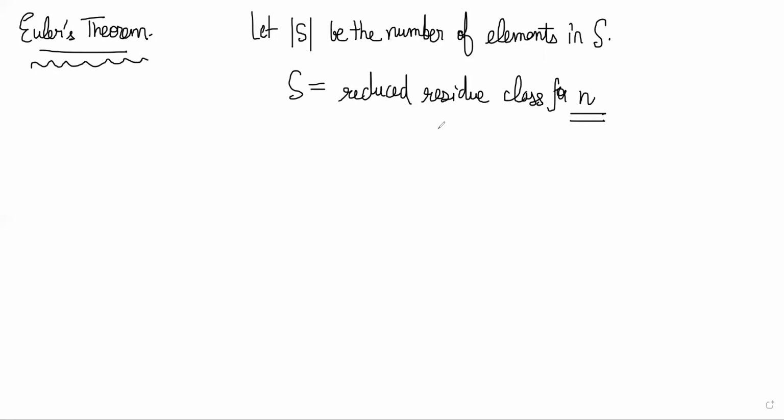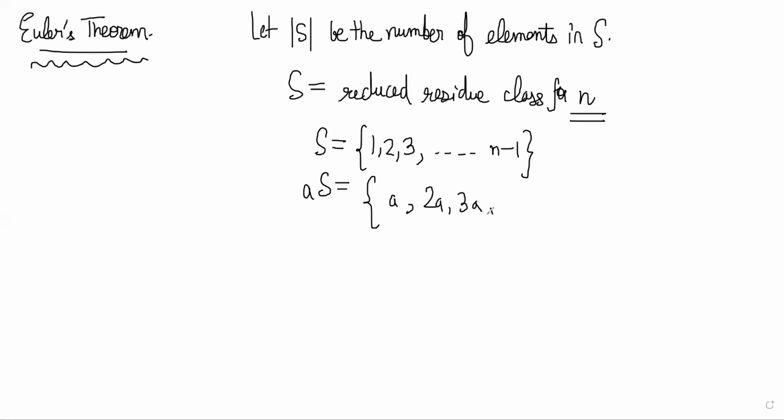The set S is basically 1, 2, 3 till N minus 1. Now, if you take the set AS, it is A, 2A, 3A, and so on till (N minus 1) into A.